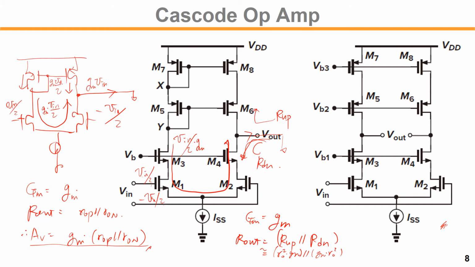In that case, you can find the single-ended equivalent model. Assuming that the tail is the AC ground, you can simply calculate the input to output voltage gain, which would be similar to the left.